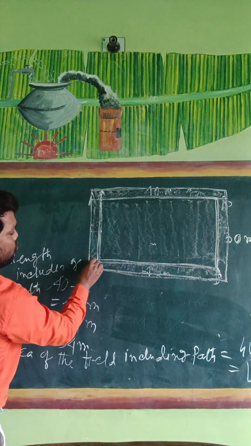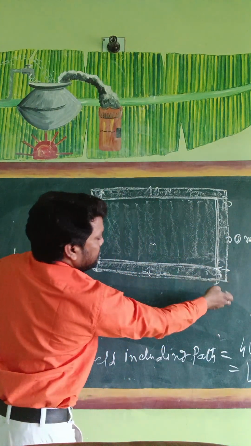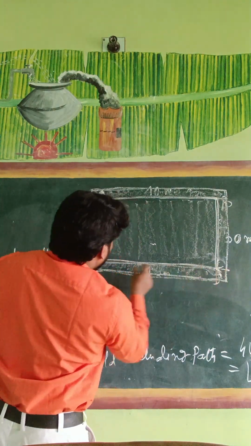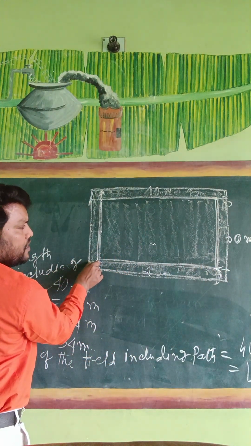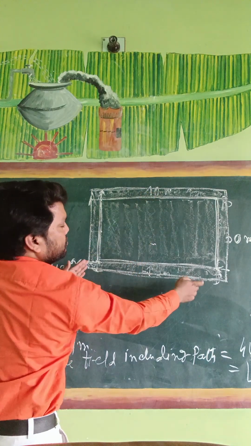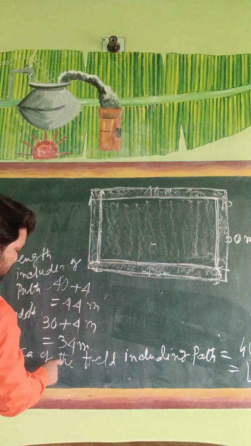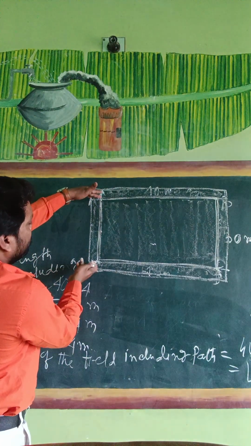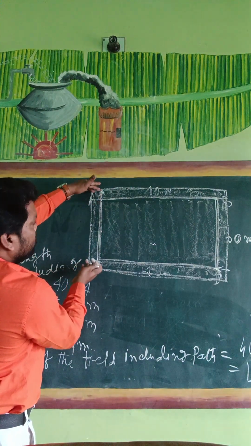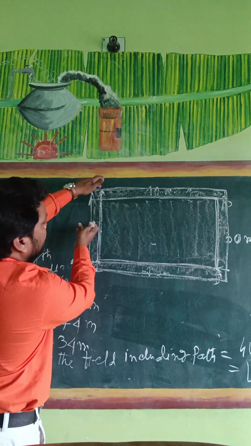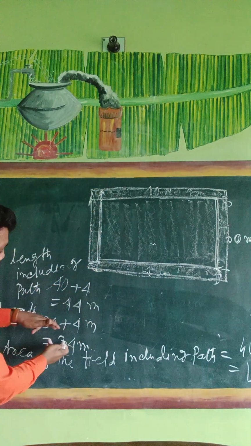So the length will increase twice: on the right side 2 meter and on the left side 2 meter, that means 4 meter. So 40 plus 4, the length is now 44 meter. The breadth was 30 meter, and it will also increase by 2 and 2 on either side, so 34 meter.